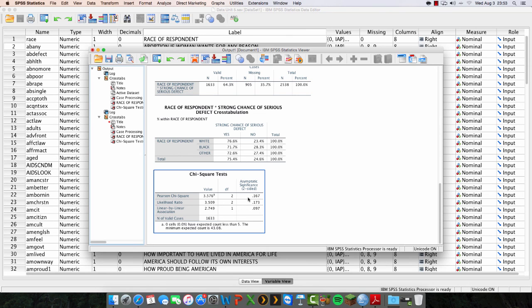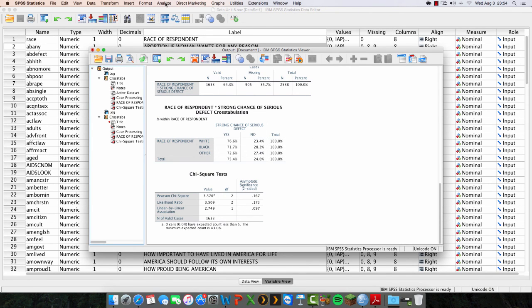In this particular case, we failed to reject the null hypothesis. It seems that no relationship exists between race and opinion on abortion, meaning that opinion doesn't vary based on your race in a way that's significant enough to matter. You can see there are some small practical differences, but nothing that rises to the level of statistical significance.